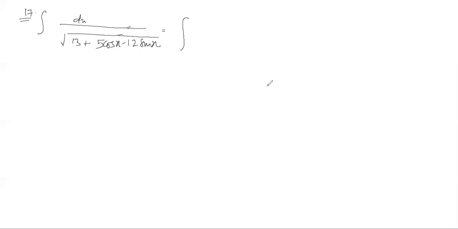So what I will do, in place of 5 cos x minus 12 sin x, this is the form of a cos x plus b sin x, right? First I have to find the value of root under 5 square plus 12 square.